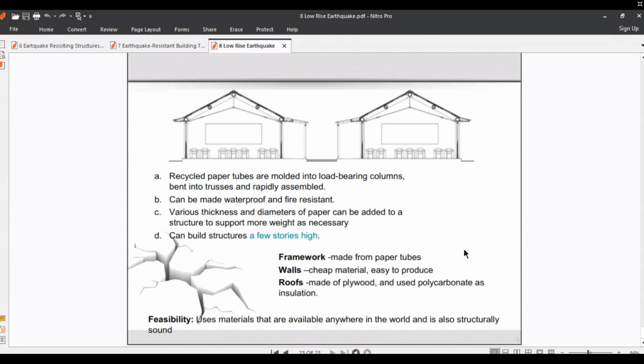Various thicknesses and diameters of paper can be adjusted to support more weight. This is just a case study designed by students.